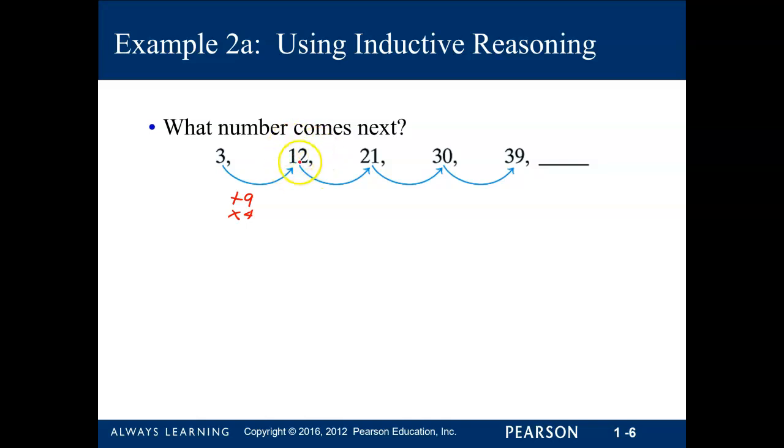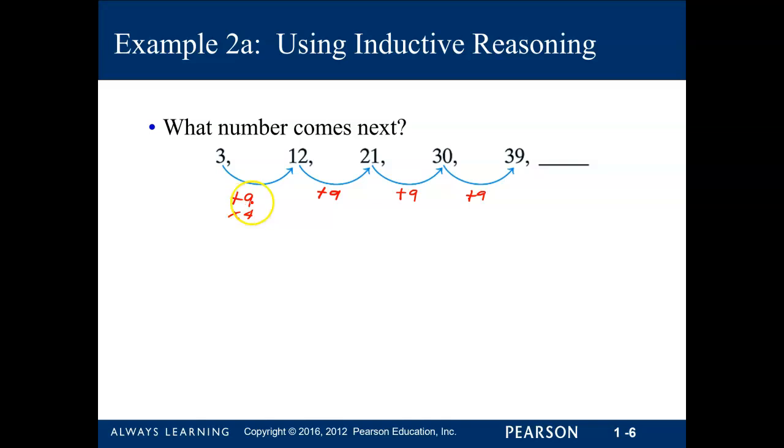So from 12 to become 21, how can we make that happen? Basically, we add 9. If we multiply 12 by 4, it's not going to be 21. Now let's see if it will be consistent to adding 9 every time. So 21 to become 30, again, we add 9. 30 to become 39, again, we add 9.